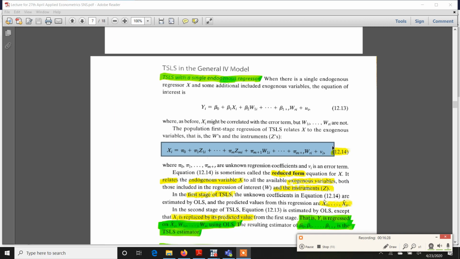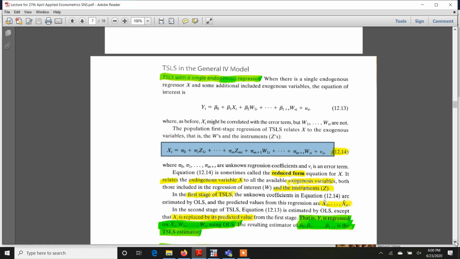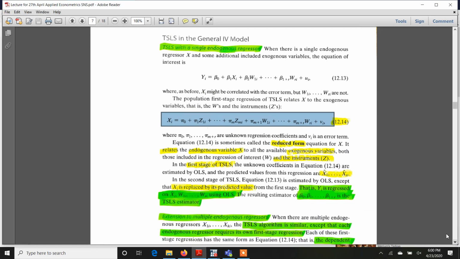Okay, so this equation 12.14, or the first stage regression, is sometimes called the reduced form equation for X, right?